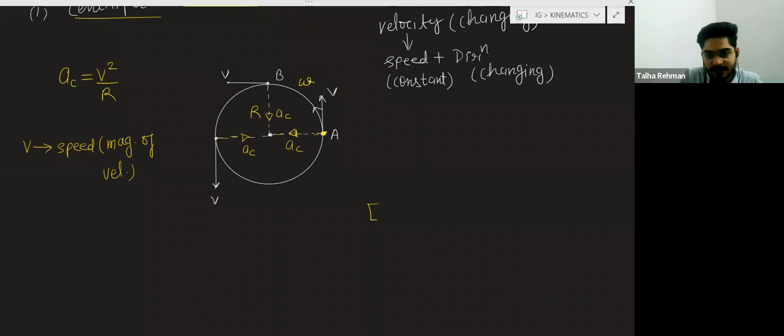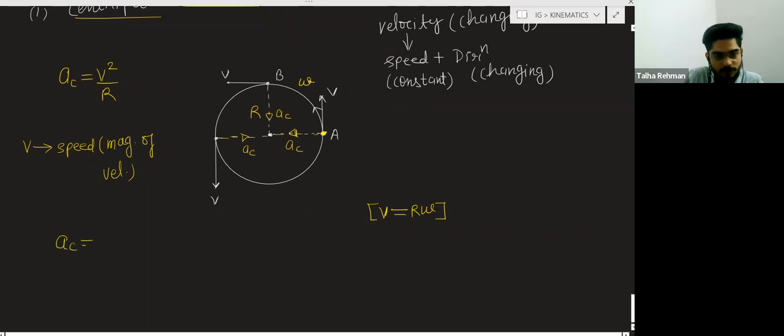The relation is v equals r omega. Put this value here, and you get r square omega square divided by r. The r cancels out, so centripetal acceleration can be given by r omega square.